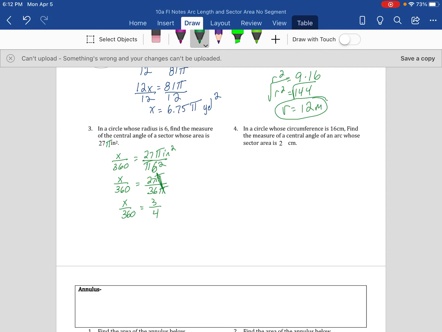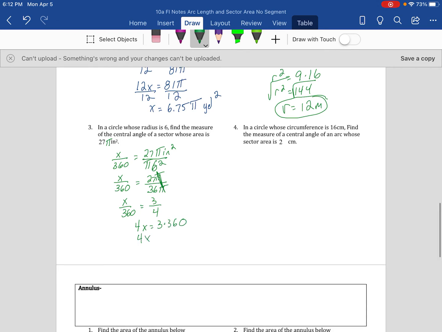And that's about how much of the circle is taken up by the 27 pi. So it's going to be 4x equals 3 times 360. 4x equals 1080, or x is equal to 270.